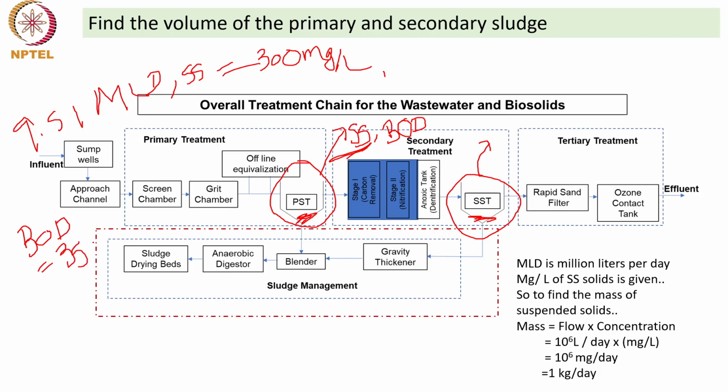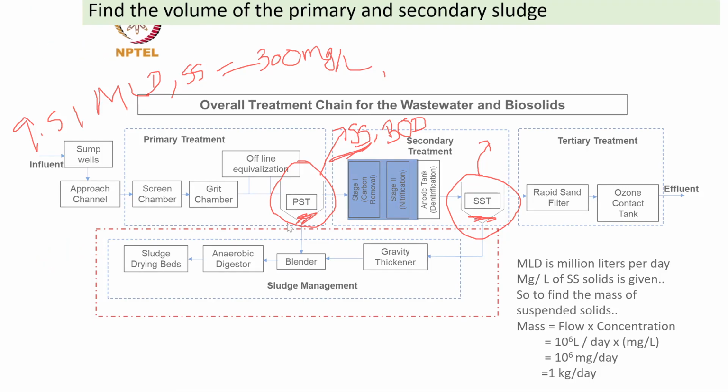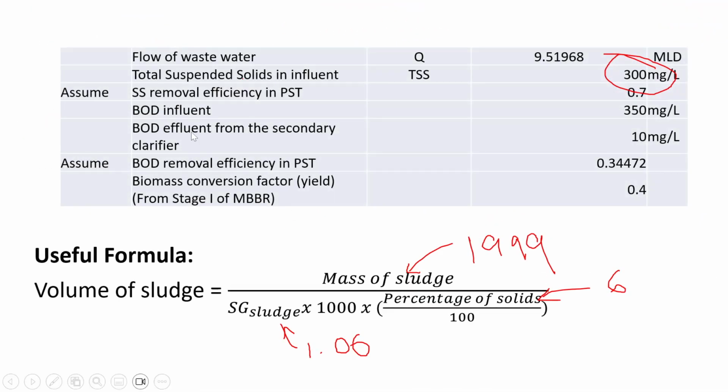In the primary clarifier, BOD removal in PST is equal to 0.344. So what will be the mass of BOD that is entering the MBBR unit?